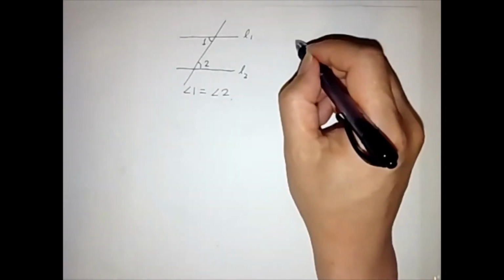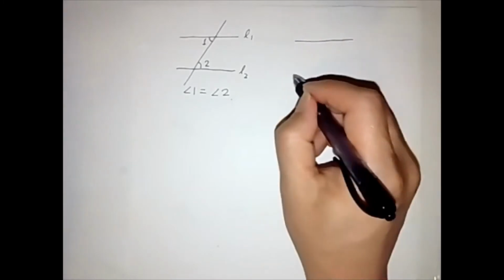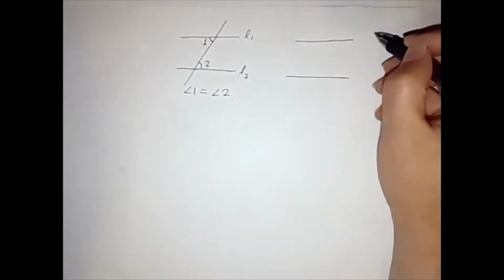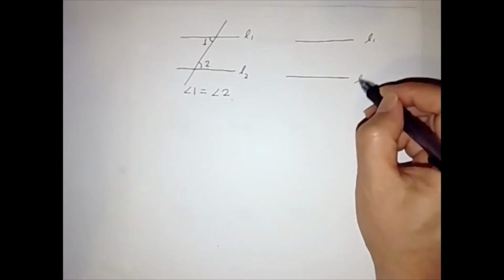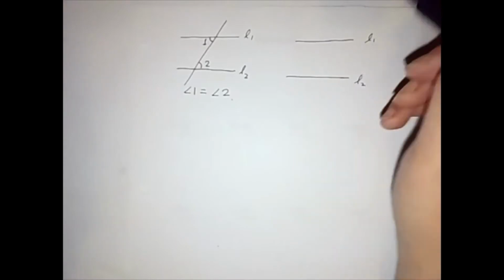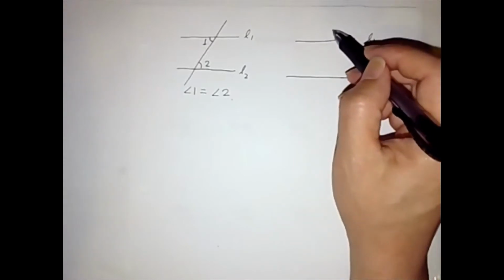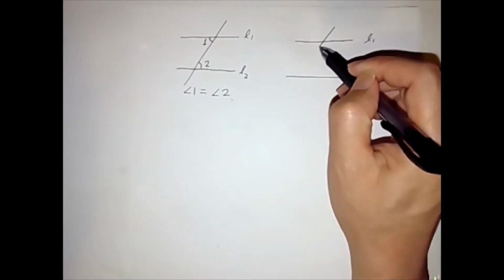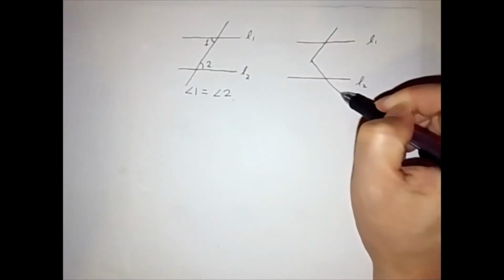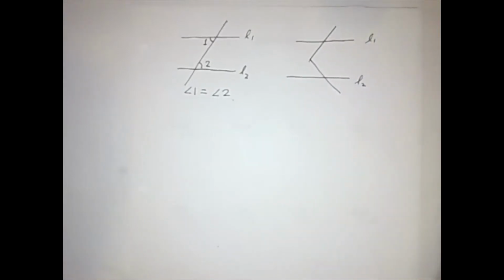Now, let's look at another case. Again, two parallel lines, L1 and L2. This time, my transversal is a polygonal line, like this.